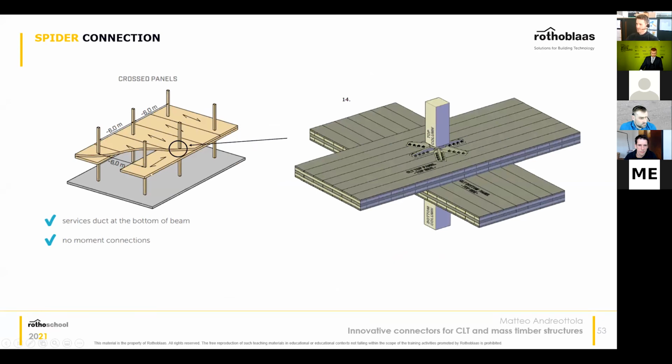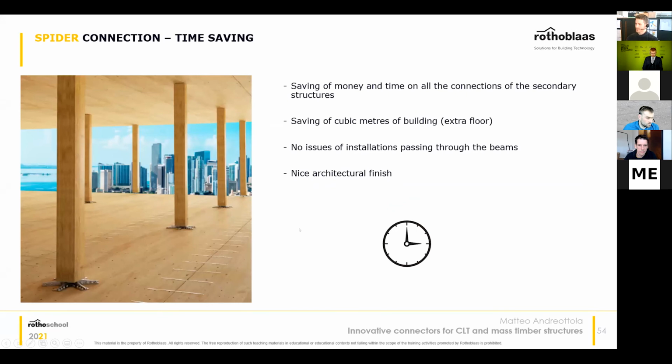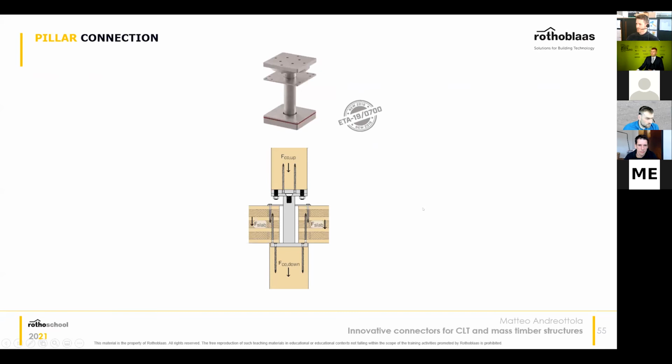Another way is to have a continuous slab that acts really as a secondary beam, and you place all the other panels at 90 degrees to create the structure. It saves a lot of money on the material because you don't have the secondary structure, and you have a lot of extra room, as we said before, for installation and the nice architectural finish.